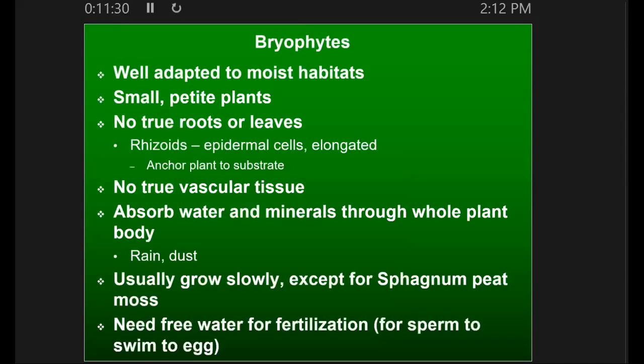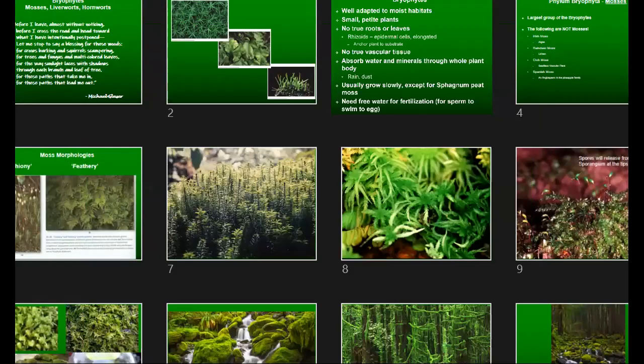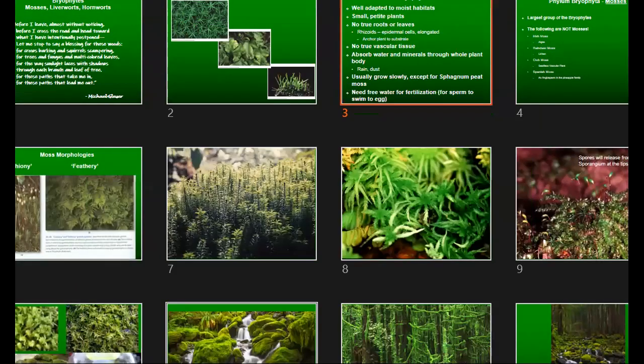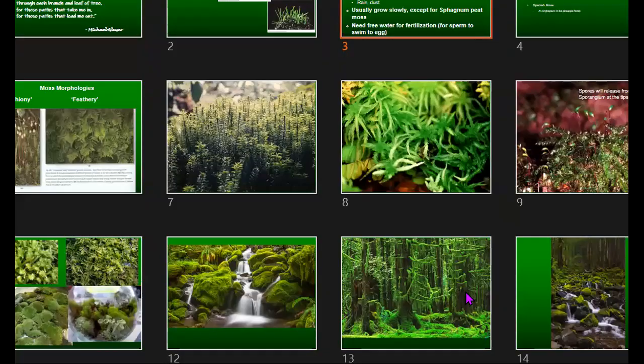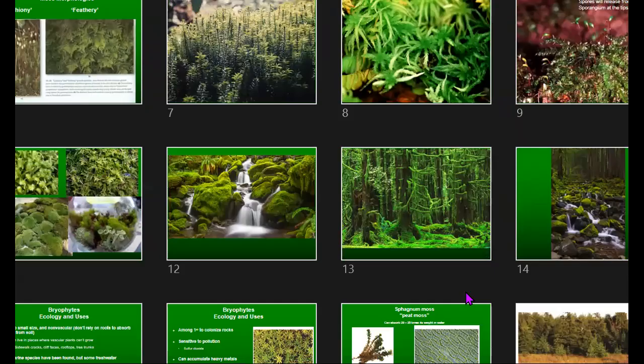So we've gone through all of this, and I wanted to cover a little bit more on the bryophytes. We kind of just introduced them on Monday, but we looked at how they can be kind of cushiony versus feathery in terms of their overall appearance, and that they form spores as part of their life cycle that they will eventually release out into the environment, to hopefully land somewhere, germinate, and grow into new bryophytes.